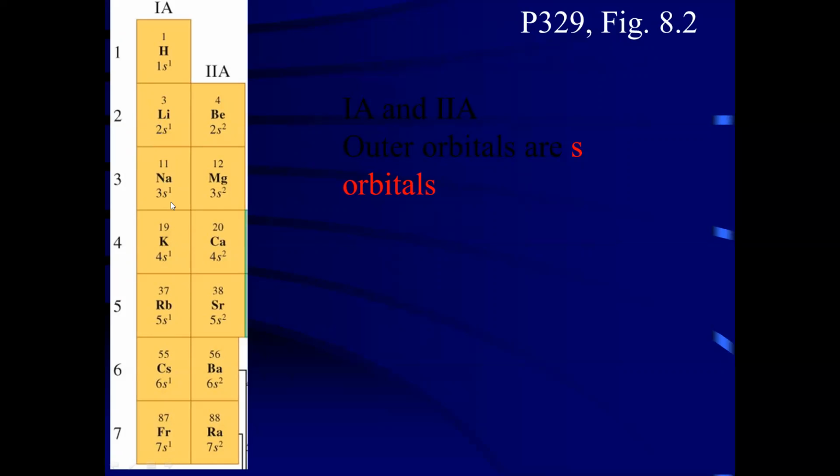And this one ends up with 3s1. And this one ends up with 4s1. The inner part I skip. You can use a noble gas plus this one, in other words. And so magnesium will end up with 3s2.